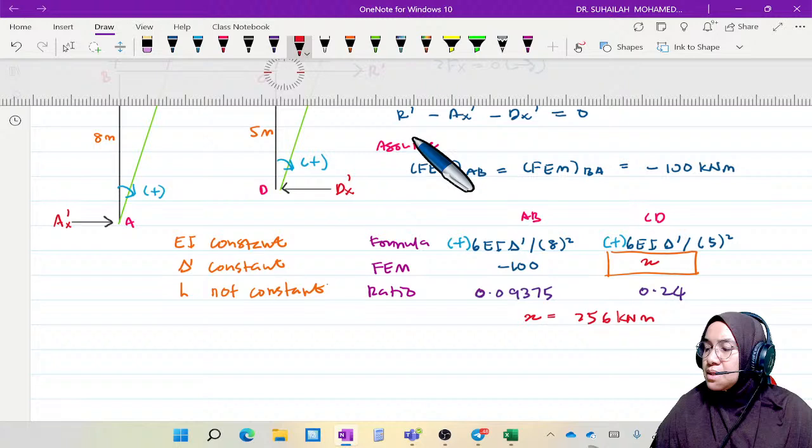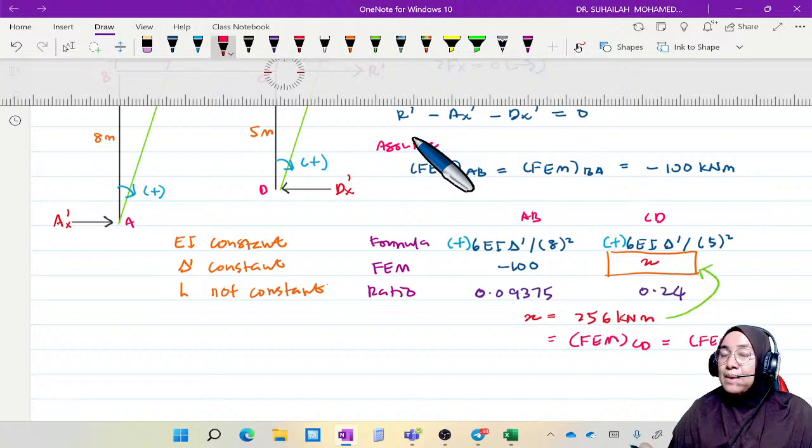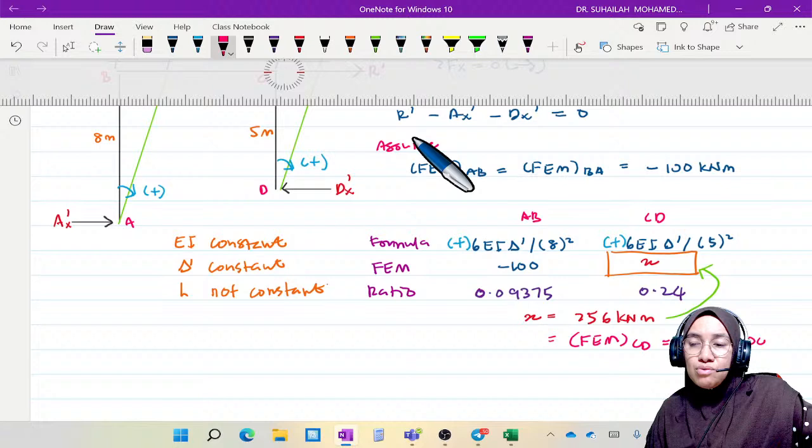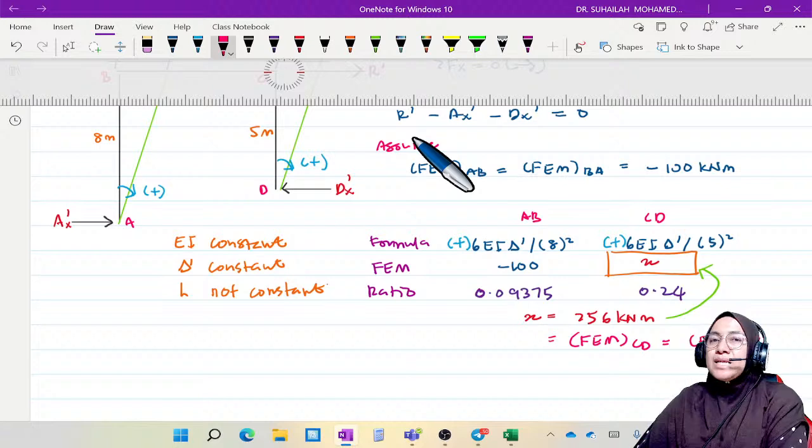Now we will substitute the value into table number 2, and since I have prepared the table in Excel, I will use that to calculate the end moments for table number 2. So it is negative 100.